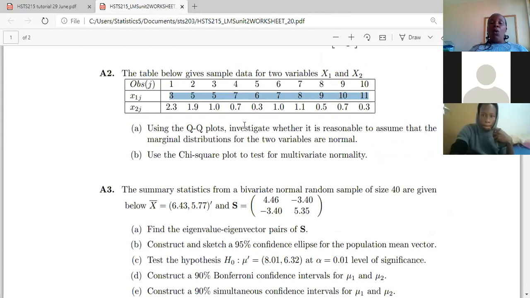On ranking them, there are two ways of ranking. You either rank in ascending order or in descending order. Starting from the smallest is the natural way of ranking. So you can do that in the form of a table.